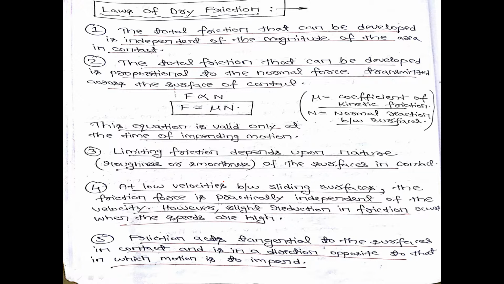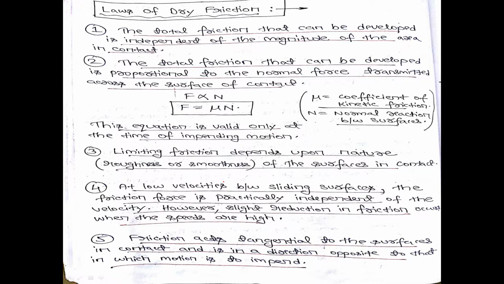So this limiting friction depends upon the nature of the surface which is in contact. That means if I am having a body placed on a horizontal surface, and that surface is rough in nature, and the body is in a position to move, that means बॉडी डिस्प्लेस होने ही वाला है. वो कैसे डिस्प्लेस होगा? जब आप उस पर लिमिटिंग फ्रिक्शनल फोर्स अप्लाई करोगे, and that frictional force depends upon the nature of the surface in contact, which can be rough or smooth.